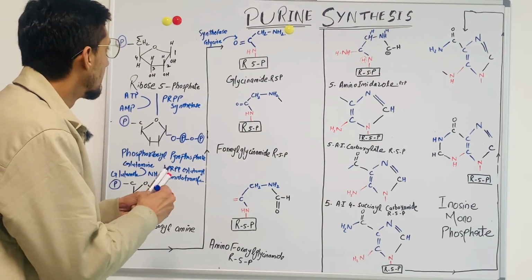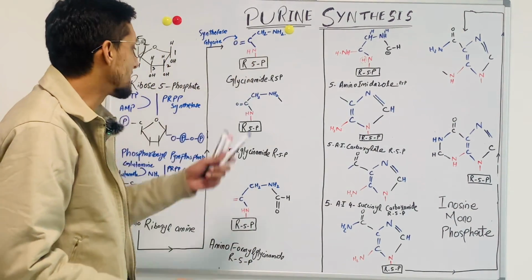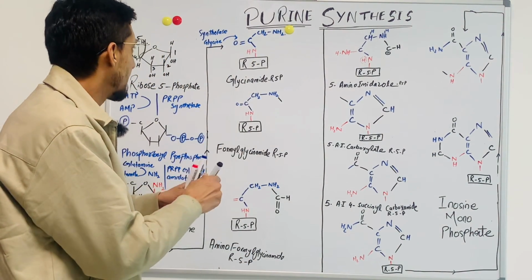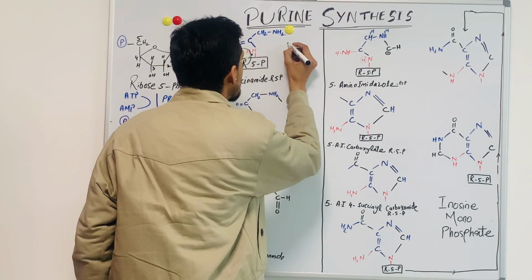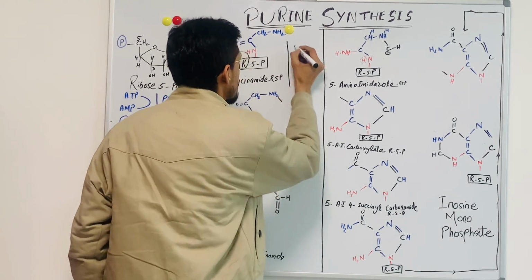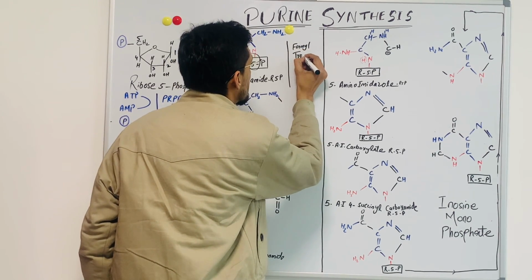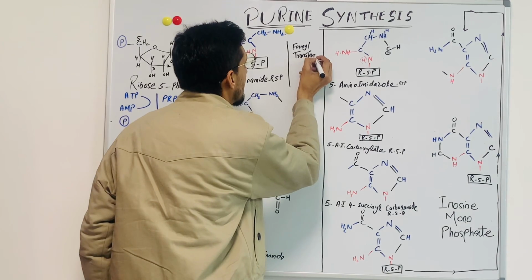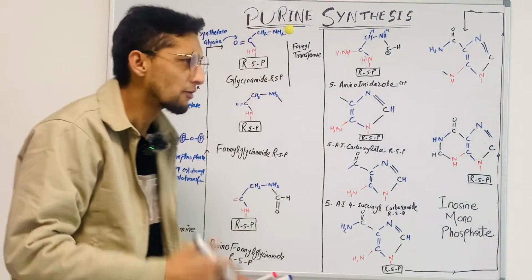So what happens? In jealousy, glycine proliferates itself. How does it proliferate itself? There comes another reaction in the presence of an enzyme, formyl transferase. As the name indicates, formyl transferase will transfer a formyl group. From which compound?